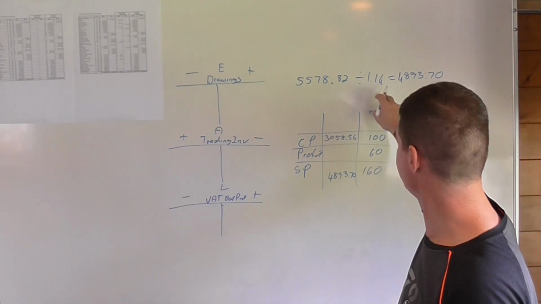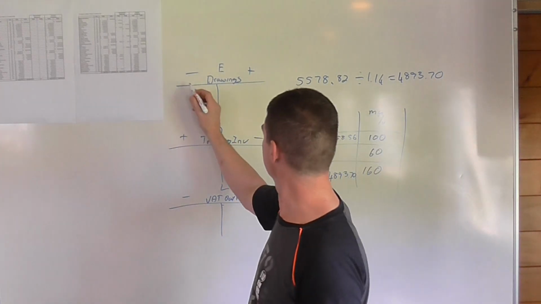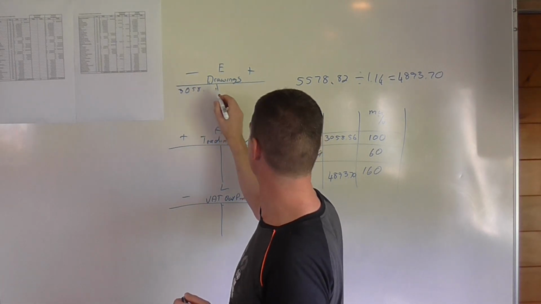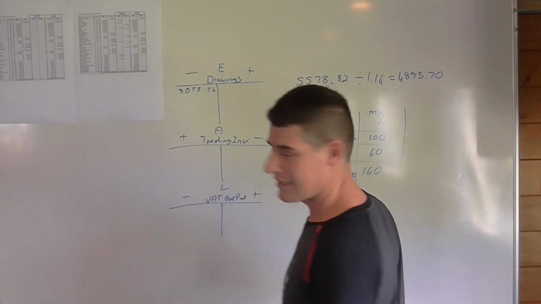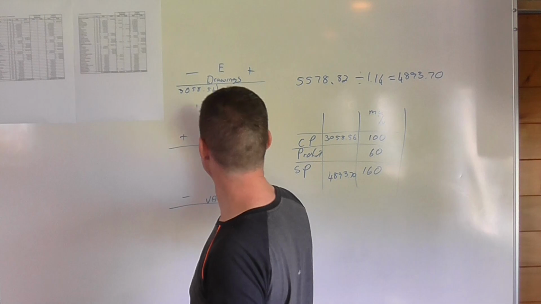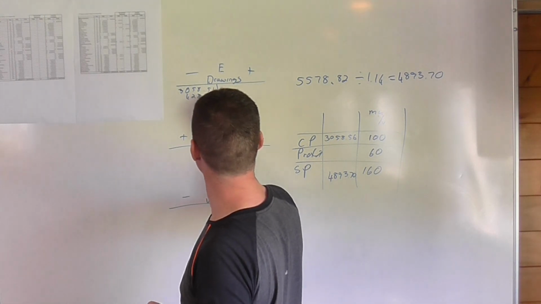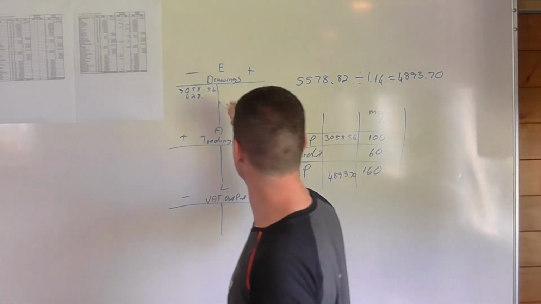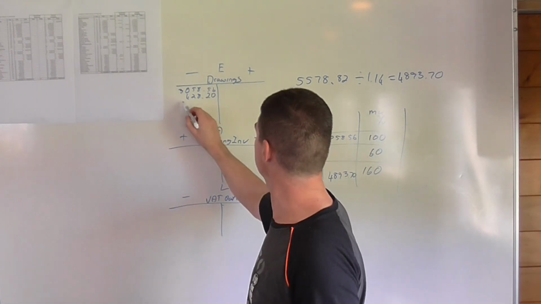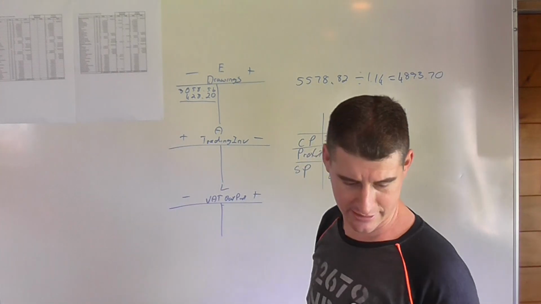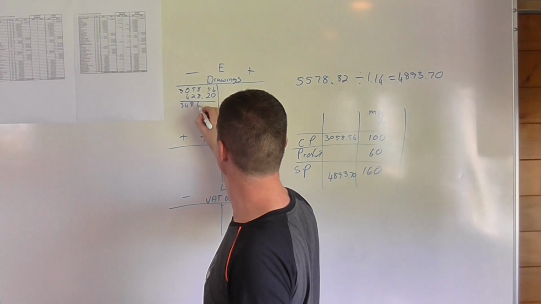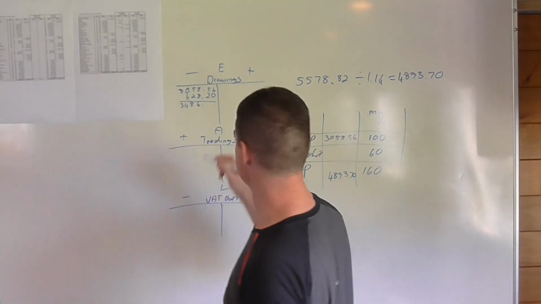In other words, that'll be 3058.56 plus the VAT amount of 428.20. Okay, so that gives you the amount of 3486.76.